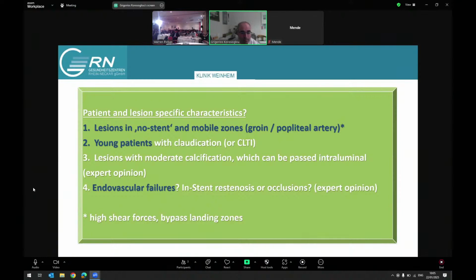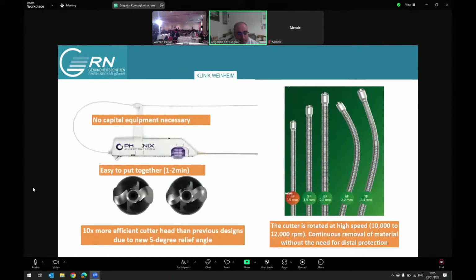So the Phoenix atherectomy system is especially a system that combines rotational and directional properties of the atherectomy procedure. As you can see here, it comes in several sizes, which enables the treatment from the foot to the groin, and sometimes also in iliac arteries, but in most of the cases, let's stick to the groin and the infrainguinal lesions.